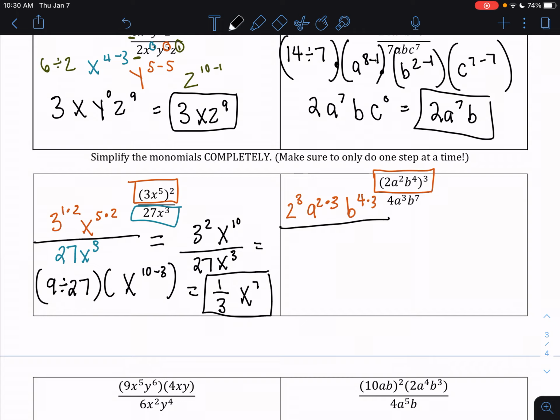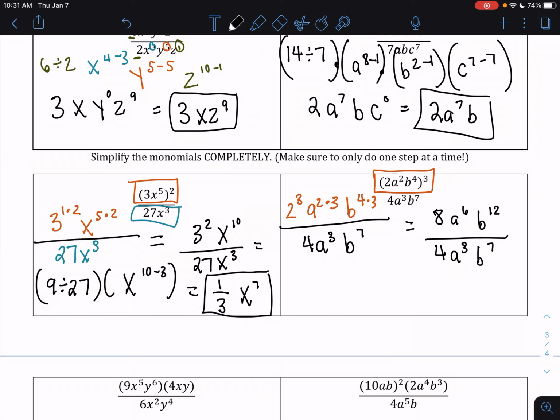And there's nothing to simplify on the bottom, so I'm just going to rewrite it. And then I'm going to simplify the top further. 2 to the 3rd is 8 times a to the 6th times b to the 12th, all over, again just rewriting this, 4 times a to the 3rd times b to the 7th.